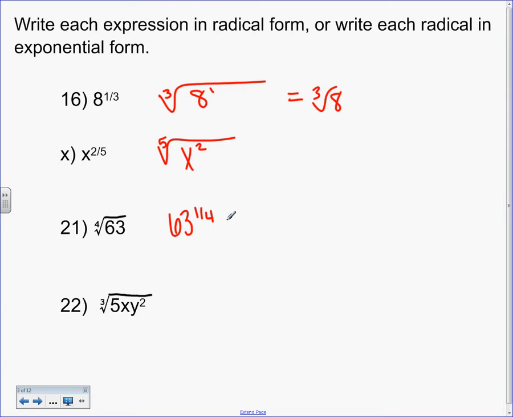Why don't you guys try number 22? It's the same thing. It's not like the way it looks.